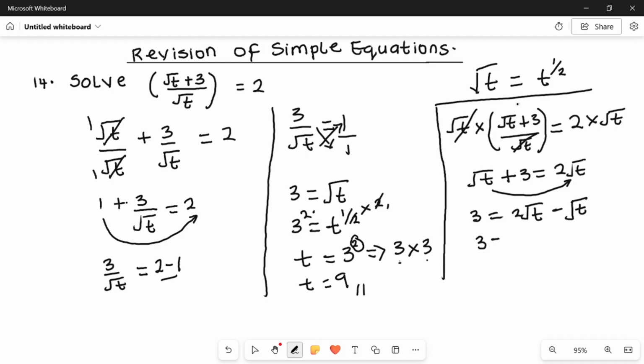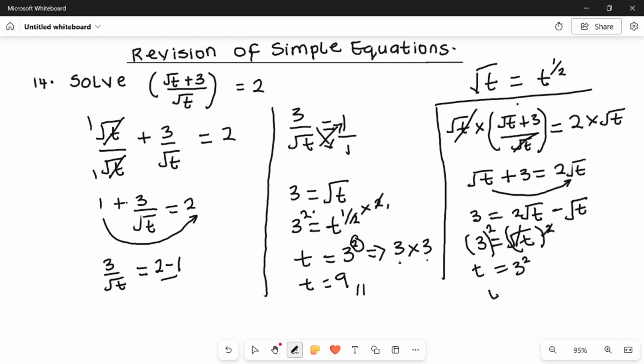So we'll be left with 3 equals root t. I see the t now. So 3 root t is here, 3 root t is here. If you take the square of both sides, raise to power 2, and you put it here too, raise to power 2, this power will cancel this root sign, and we're left with t equals 3 squared.